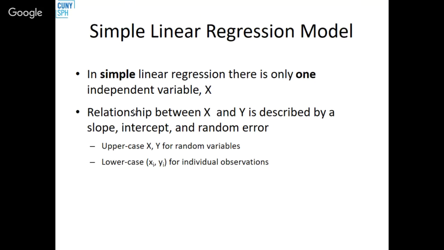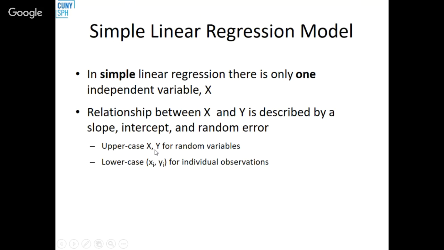So a simple linear regression model has one independent variable x and your dependent variable y. We describe that relationship using the slope, an intercept, and a random error, being the component of y that cannot be described by this linear relationship.